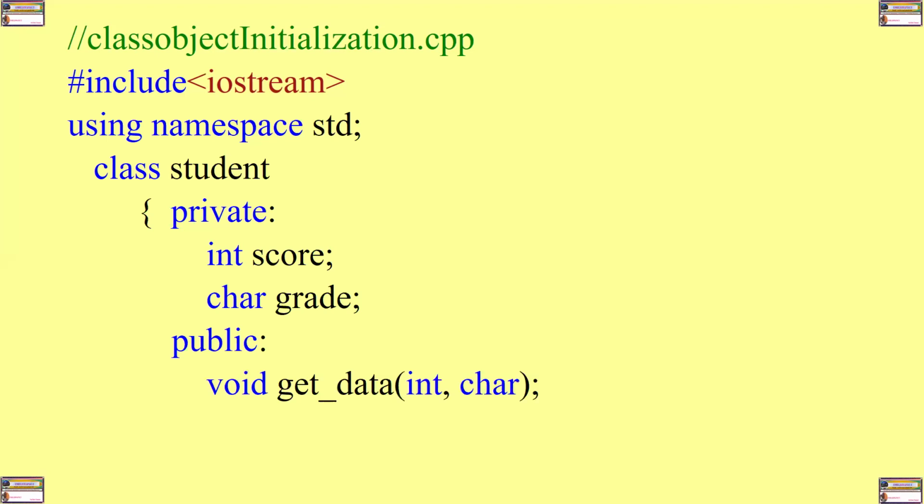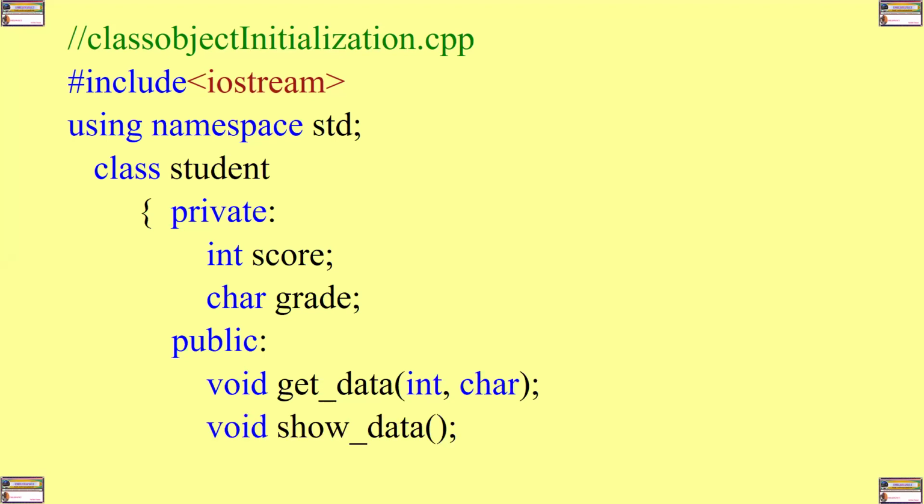We have one public member called getData, which in this case is going to receive two parameters, one of type integer and the other of type char. Kindly note that what we are doing here is purely prototyping. The definition of each of these methods will be outside this class or after the main function.